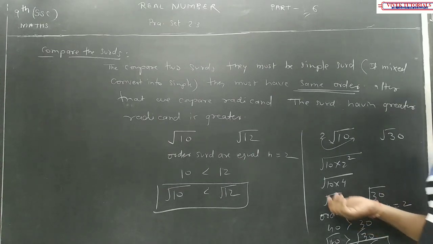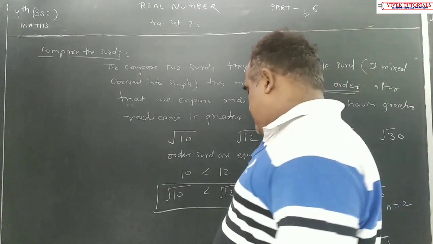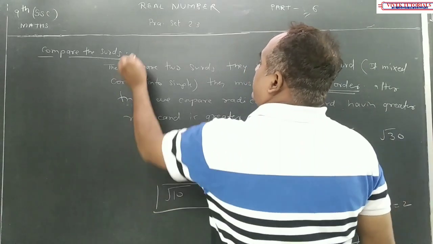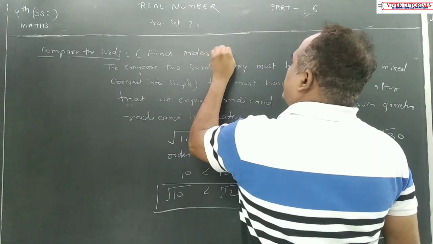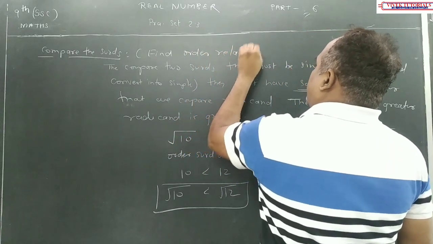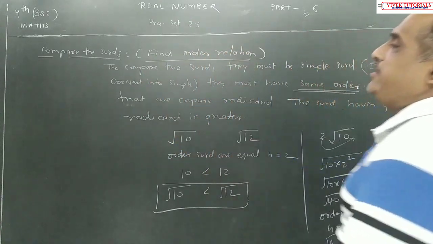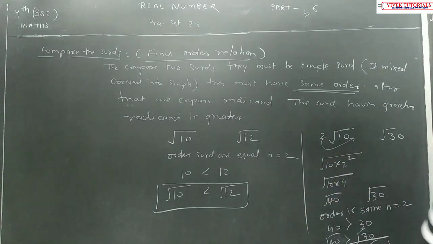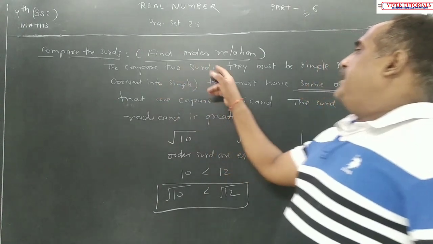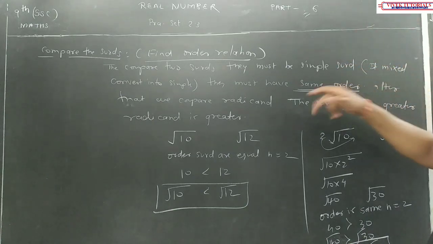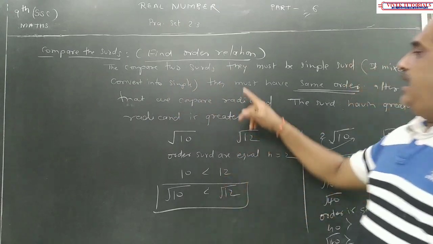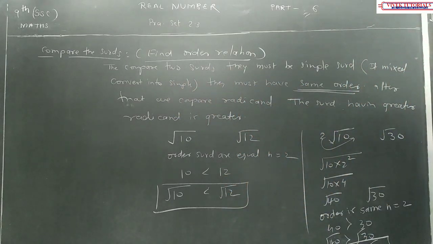Once again, compare means find the order relation. Please keep in mind, if they are asking to find the order relation between two surds, we are going to compare the surds. To compare the surds, they must be simple surds. If a mixed surd is there, convert it to simple, and they must have the same order.